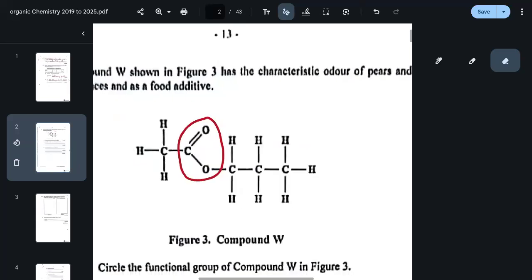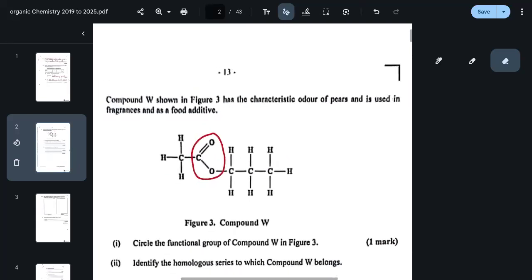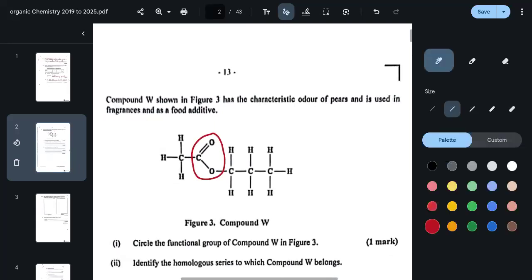So we know it's ester. How we know it's ester as well is right here, when it says it is used in fragrances. Esters are sweet smelling compounds.